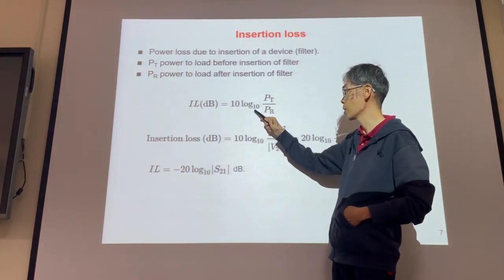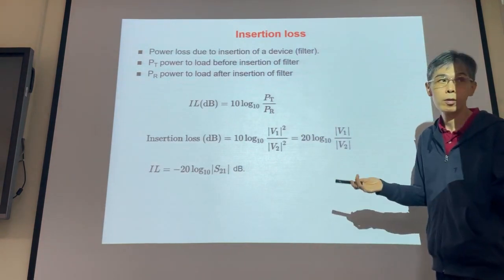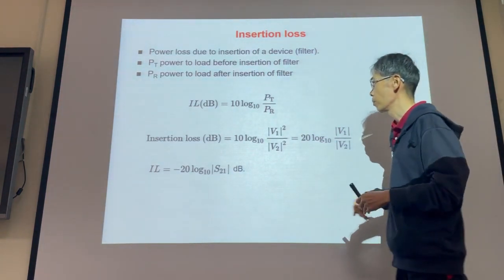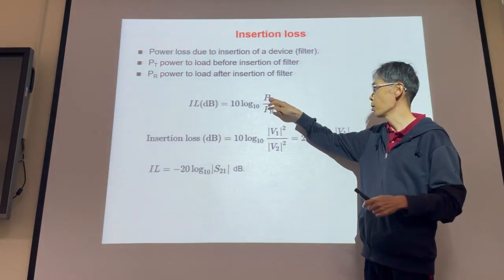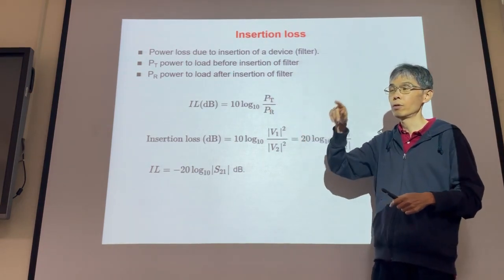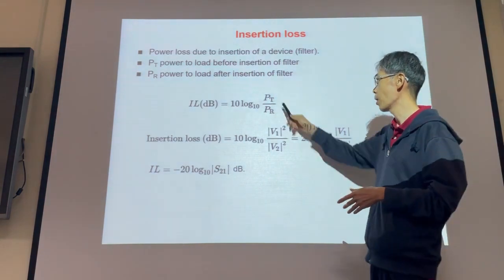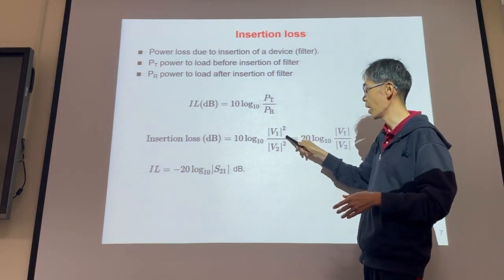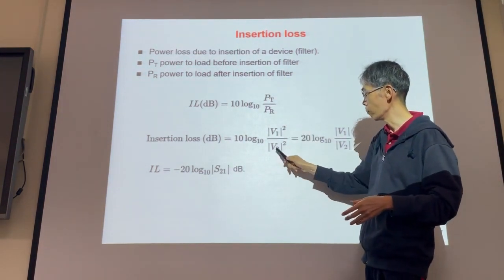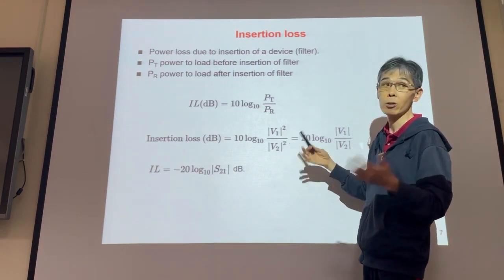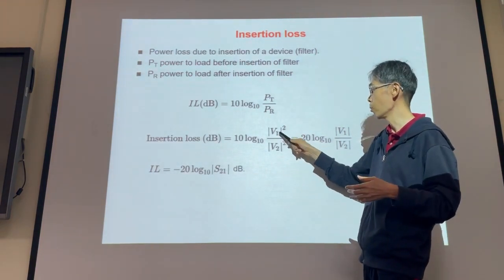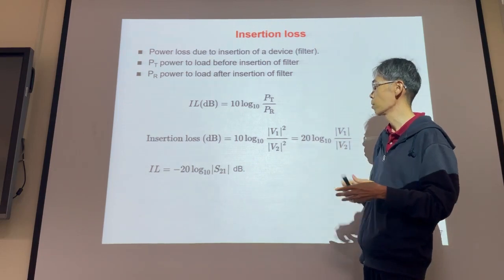So 10 log 10. But sometimes we use voltage, because power equals V squared divided by R. The R cancels out, so we can write V1 squared over V2 squared.